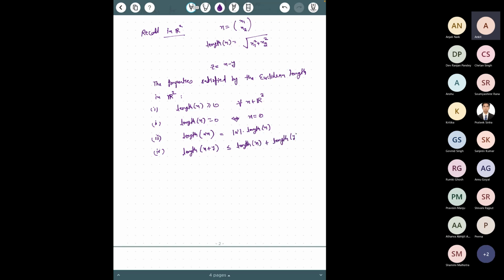So this length also satisfies the triangle inequality. Now if we want to generalize the notion of length from R2 to any vector space, then whatever function we use to measure vectors or matrices in a vector space should satisfy similar properties, because this is what we expect if we want to talk about length, right?